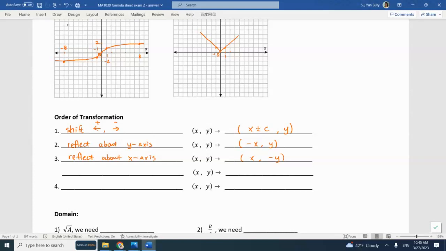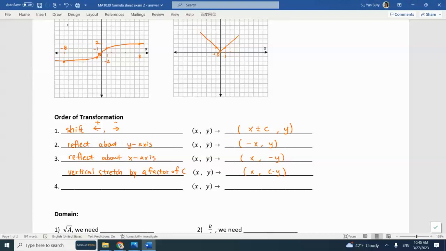Okay, and then what? What else? Yeah, vertical stretch by a factor of c, okay? And then which one do you change, x or y? Y. And you put a c multiplied by the y. Right, everybody?